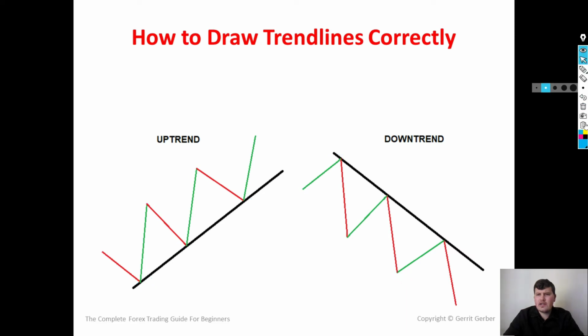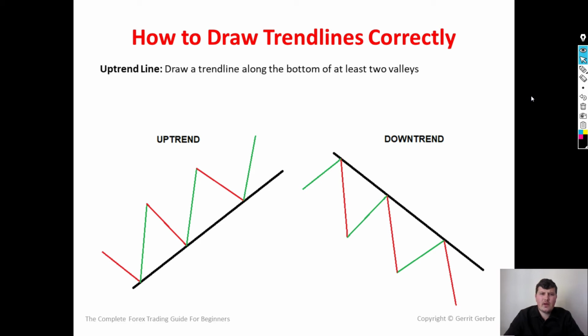Now, how you go about drawing these trend lines is, for uptrends, you draw a trend line along the bottom of at least two valleys. For example, you connect at least two of these valleys of this movement, and you draw a straight line connecting these two valleys.